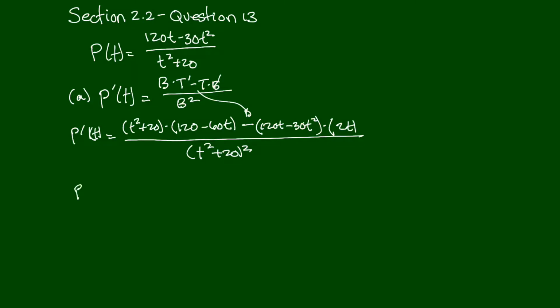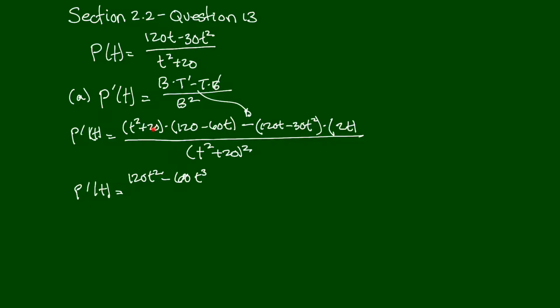So we'll multiply in. P prime of t is equal to, now we need to multiply these polynomials together. So I'm going to get t squared times 120, that'll give me 120t squared. And then t squared times negative 60t is minus 60t cubed.